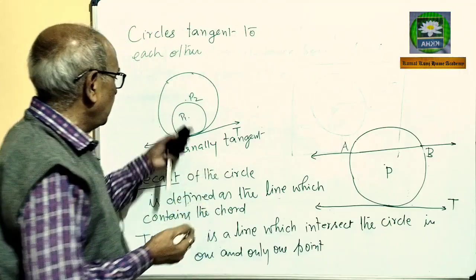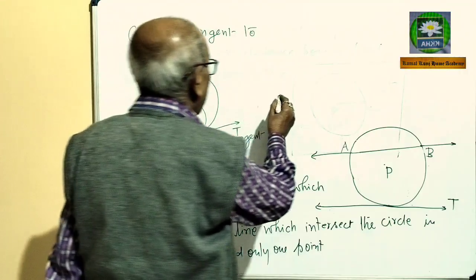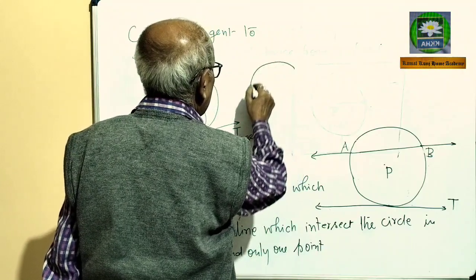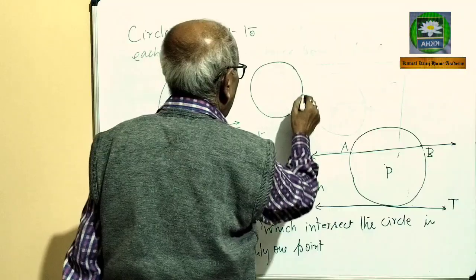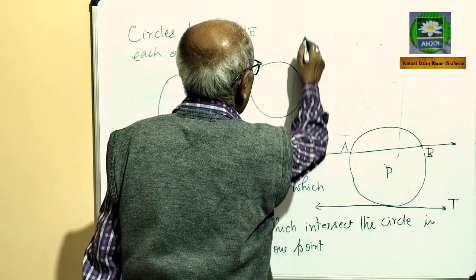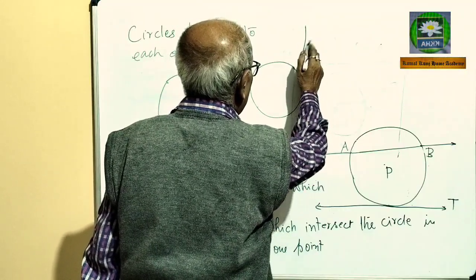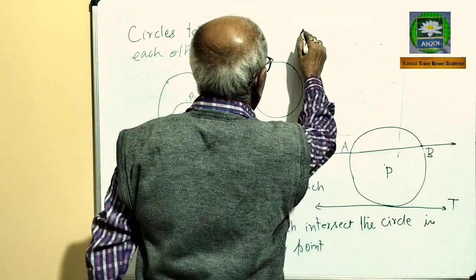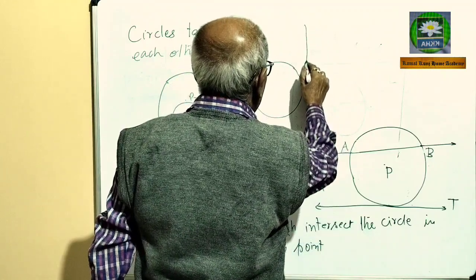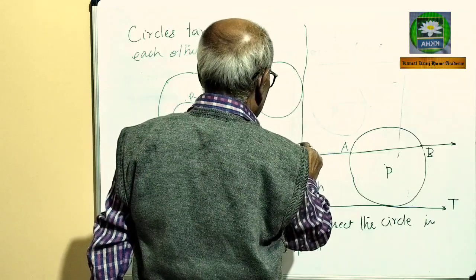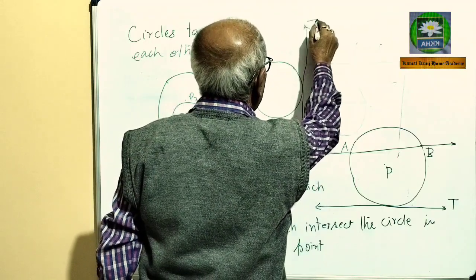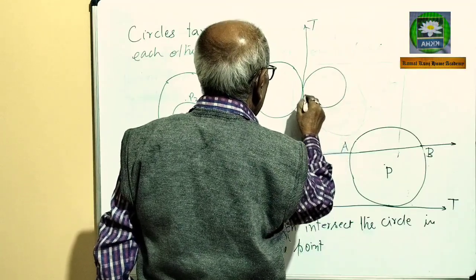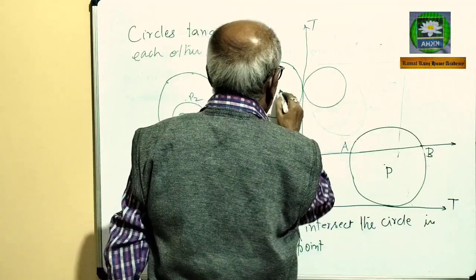And if the centers lie on the opposite sides of the tangent line, suppose this is the tangent line T and these are the circles tangent to each other.